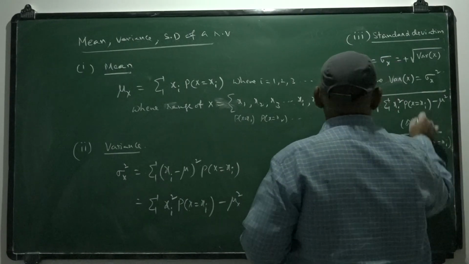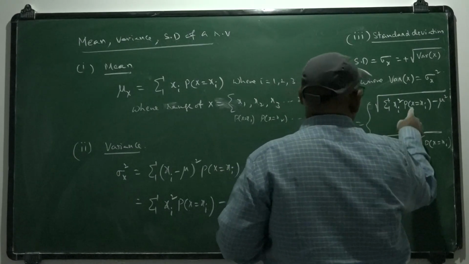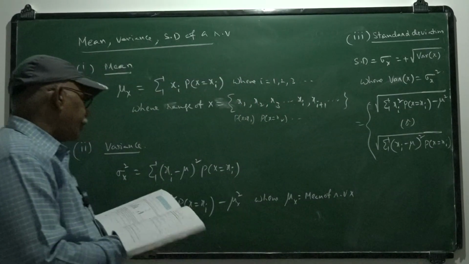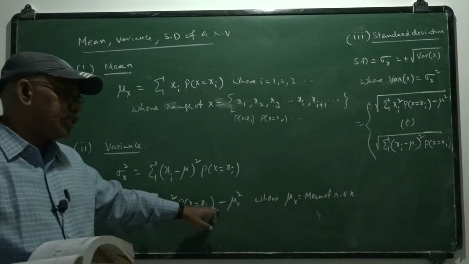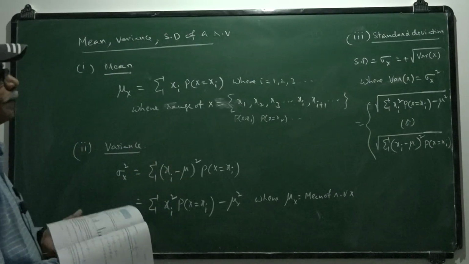These values give us one and the same result. In dealing with problems, we will go through this formula instead of that formula; both give us the same variance.